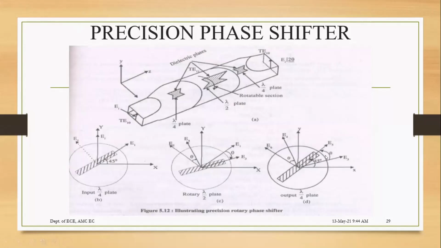So with this 45-degree inclination, from E3, because last time we derived E3 and E4, E3 will give you the E5 component at an angle of 45 degrees, and E4 will give you the E6 component. So you have almost 6 components coming from the half wave section to the quarter wave section to the half wave section to the quarter wave section. The output you get at last will be the resultant electric field.